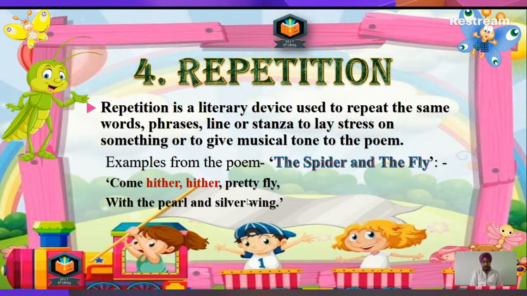This word has been used two times in this line, so this is the use of repetition as a literary device in the poem The Spider and the Fly.